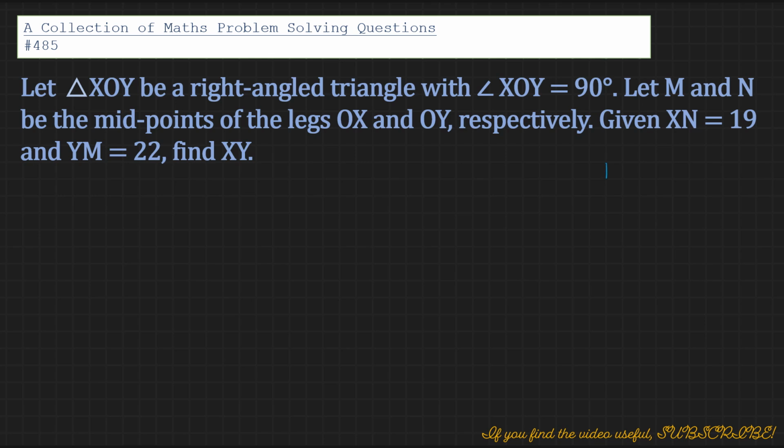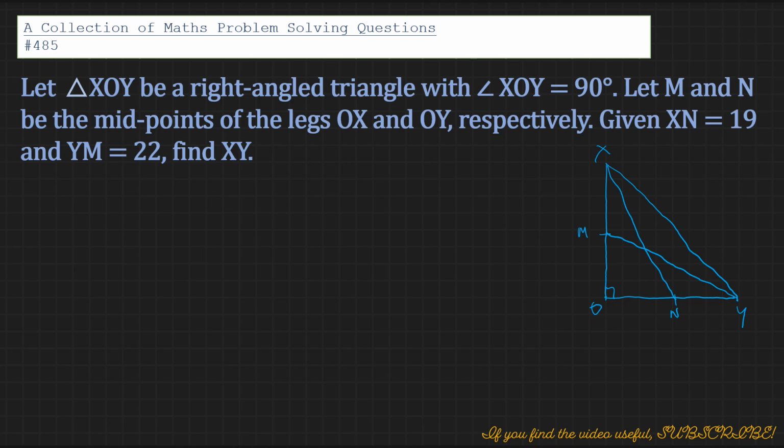So if I were to first draw the triangle, so this would be XOY, right angle, and the midpoint of OX is M, and N be the midpoint of OY, and given XN is 19, so I have to join XN, and then I have to join YM.